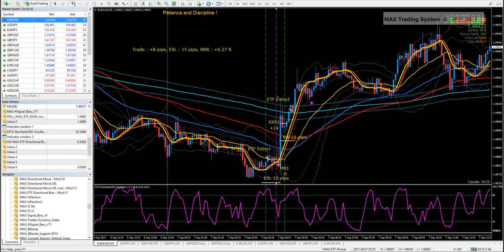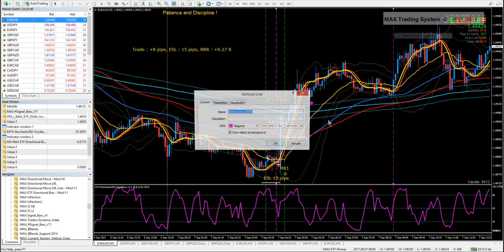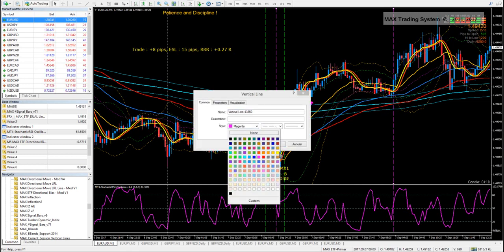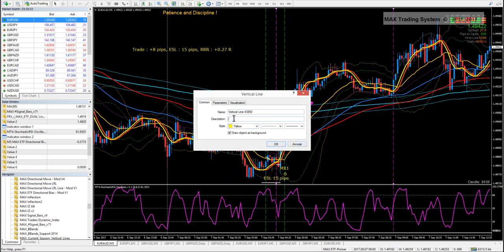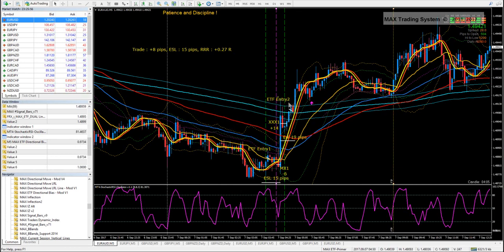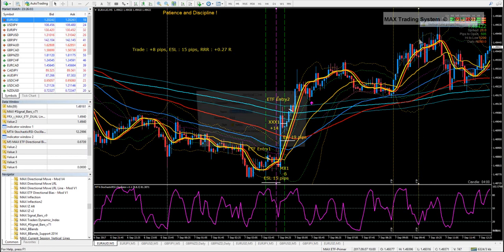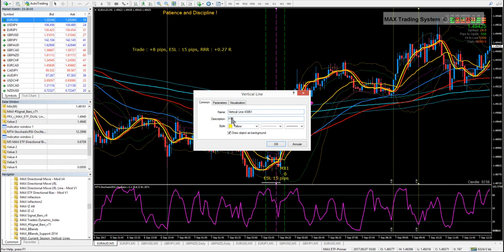Let me draw a yellow vertical line on the Frankfurt Open. Here, we like to do that to represent the main event. So we have here the Frankfurt Open, followed 1 hour later by the London Open here. And on this platform, our time is 1 hour ahead.